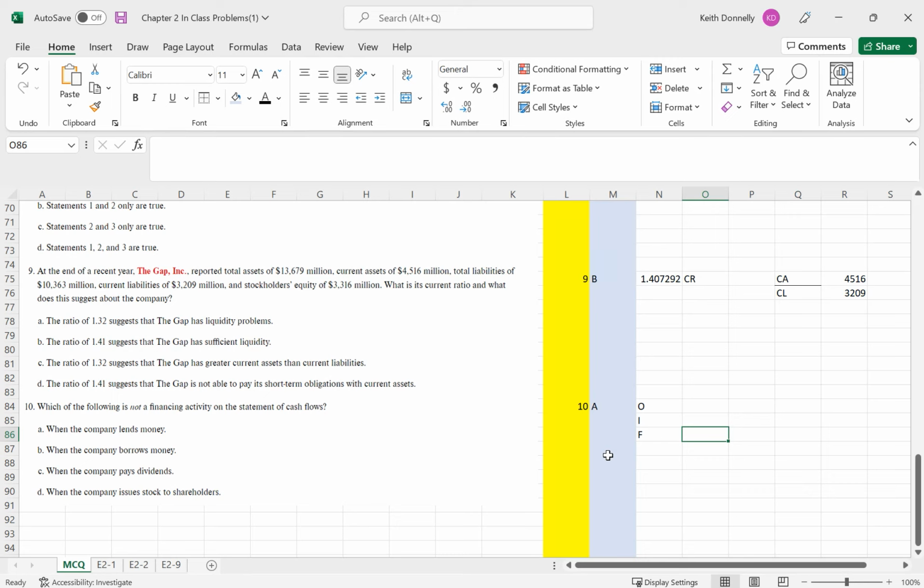Financing deals with stockholders and creditors, that is, how you get the money to finance your operations. So anytime you have cash transactions involving those two groups, they're going to be financing. So that's why borrowing money from a creditor, paying dividends to your stockholders, or issuing shares are financing, while something like lending money might be more of an operating activity. Again, we'll look at this in a later chapter.